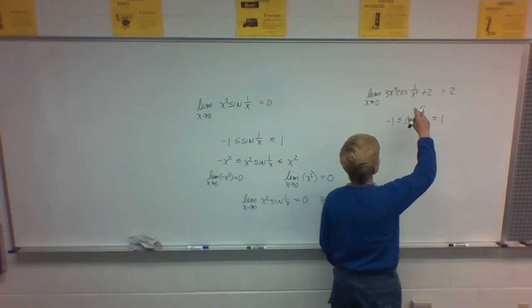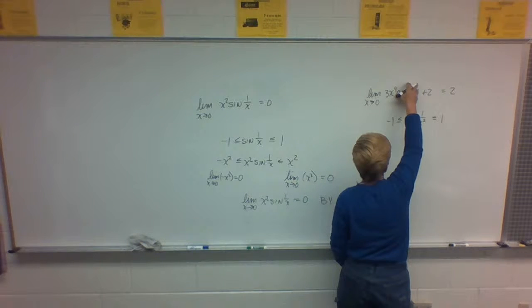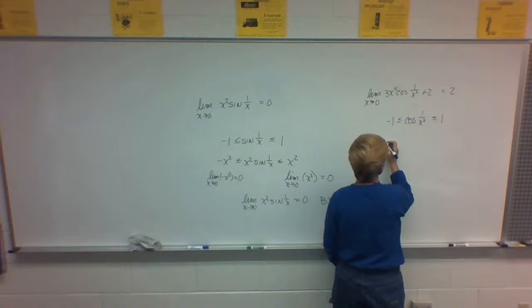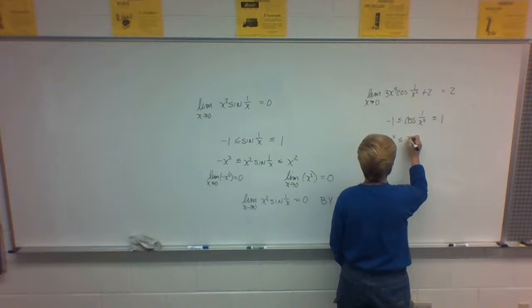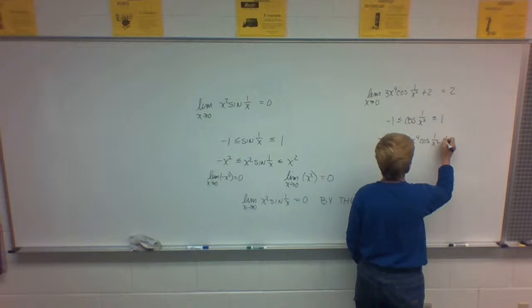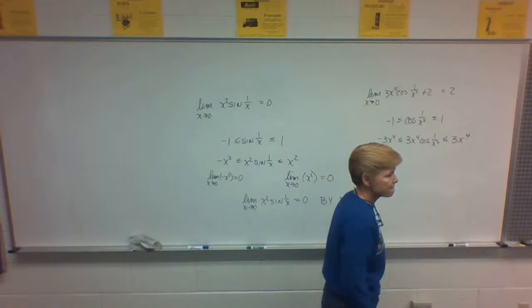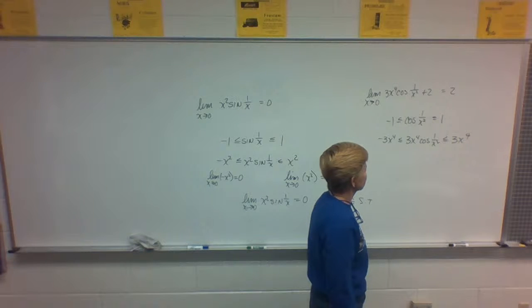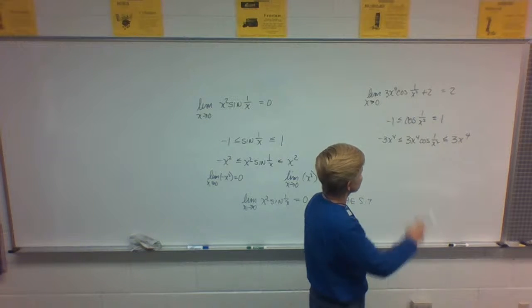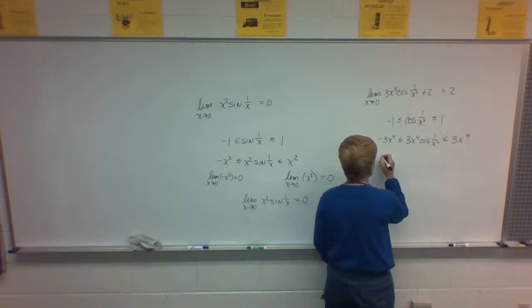Now we start building this up. The next thing I'm going to do is multiply by 3x to the 4th all the way through. I'm not ready to take the limit yet because it doesn't quite look like what I'm trying to limit, so now I add 2 to everything.